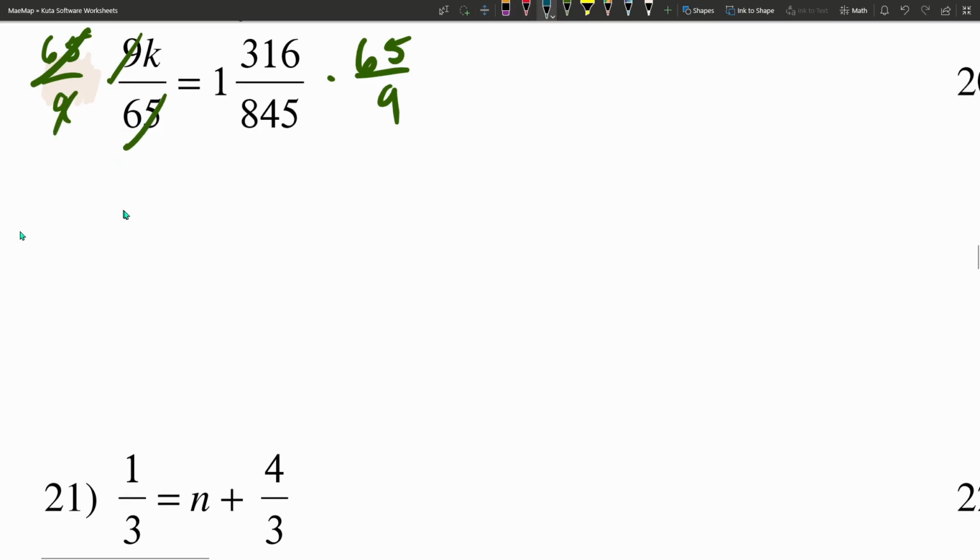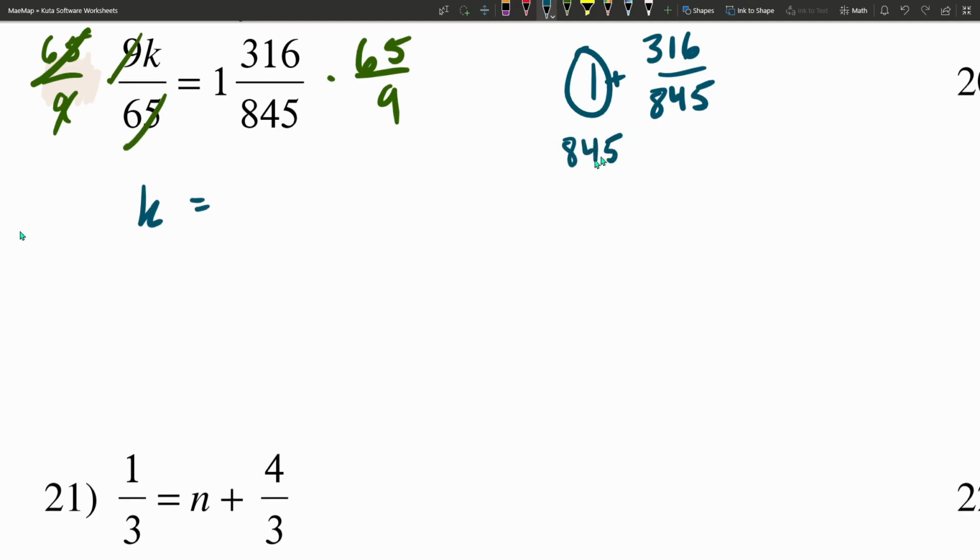So we isolate our k on our left-hand side, and then this over here is going to require a bit of work. What I'm going to do is I'm going to change this mixed number. 1 plus 316 over 845 is, well, in order to change this into 845ths, that's 845 over 845 plus 316 over 845.